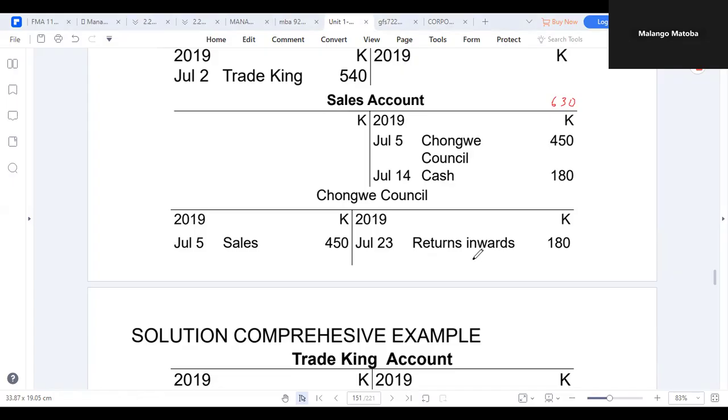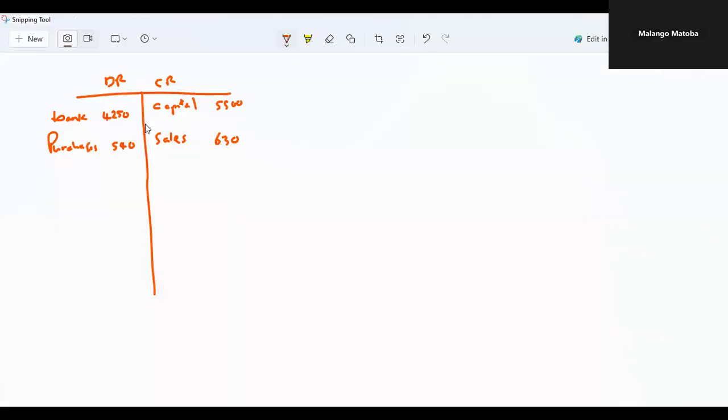Meaning here we have a carried down of 270 and a brought down of 270. So the account has a debit balance of 270. Are you understanding? Any questions?